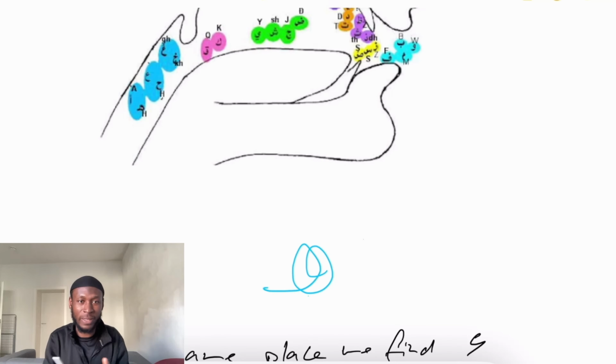Because if I tell you ha and ha are the same, you'd say, wait a second, one is written like this and the other has another form. How come it did the same? They have different shapes, but you're telling me one is H and the other is also pronounced like H.